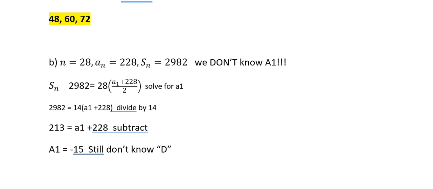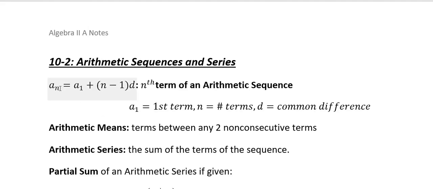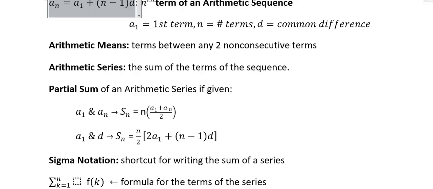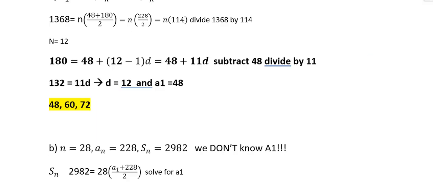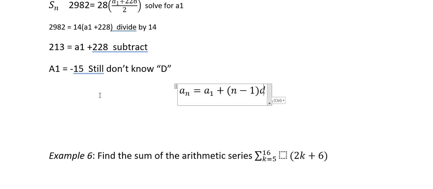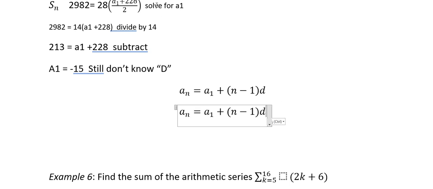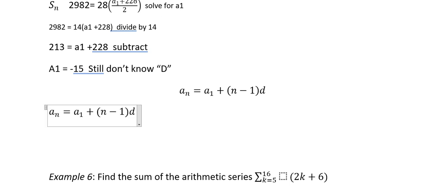Okay, so we've got to go back and fill in this equation again and solve for d. I think I'll just leave it there because I'm going to need it again here in a minute. So what do we know?